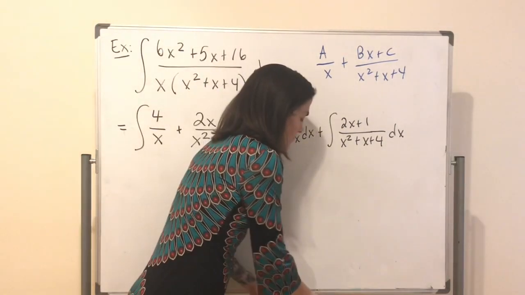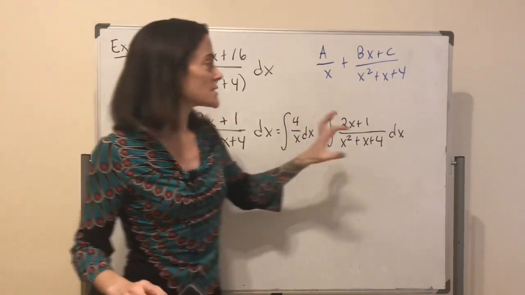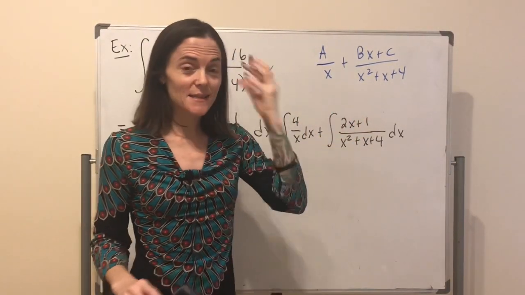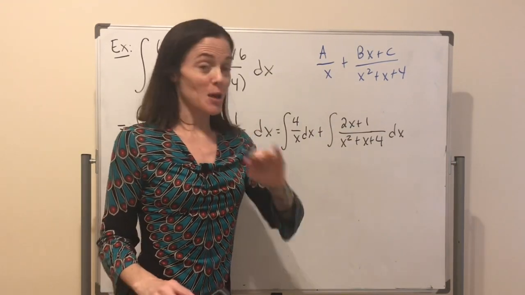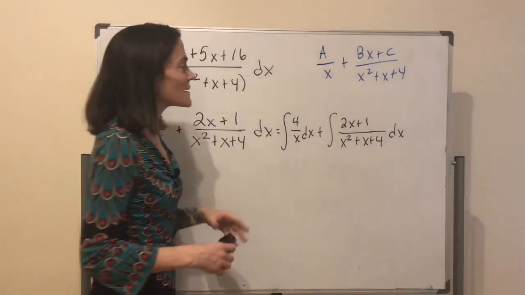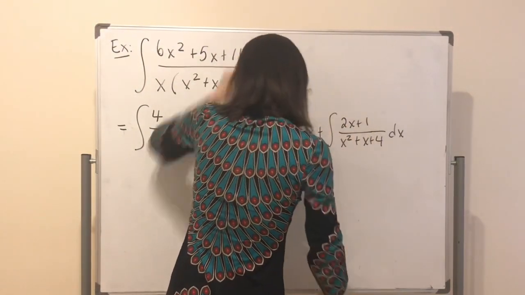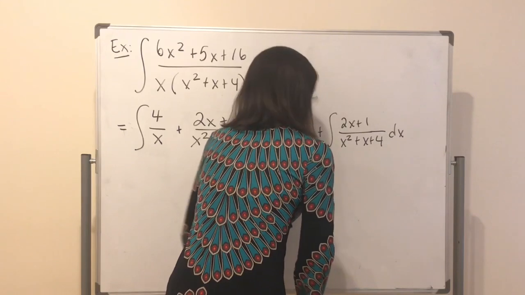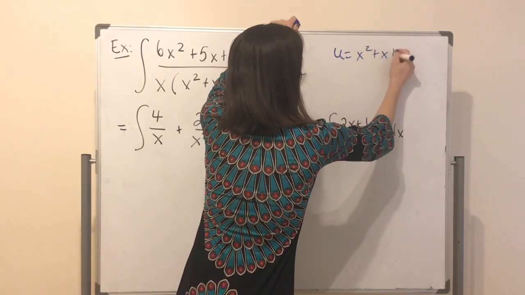This one, when you're integrating, as I mentioned the first day, first look and see, does a substitution jump out? Do you see an inside function and a multiple of its derivative? Here, the answer is yes. So I can write it up here. u is x squared plus x plus 4.